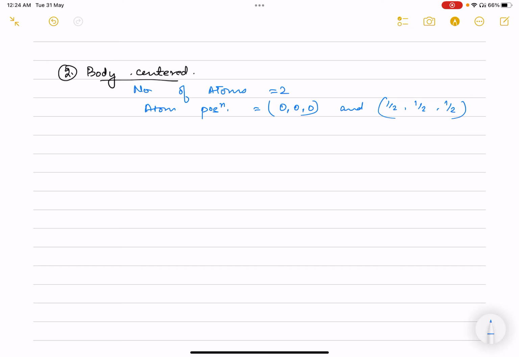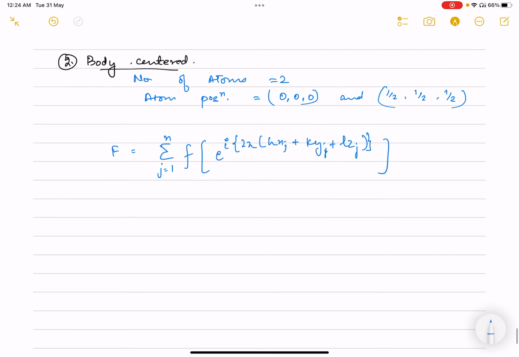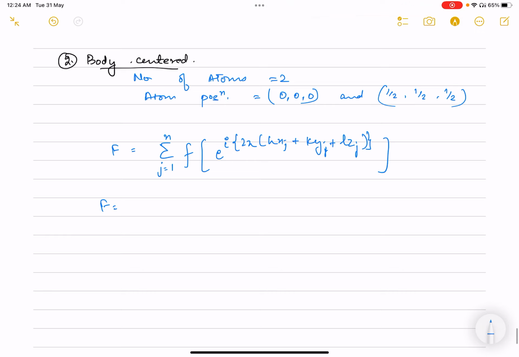So, let us go for the structure factor calculation, which is the summation over j equals 1 to n, where n is the number of atoms, of f e^(2πi(hx_j + ky_j + lz_j)). So, first, let us put the point 0, 0, 0.